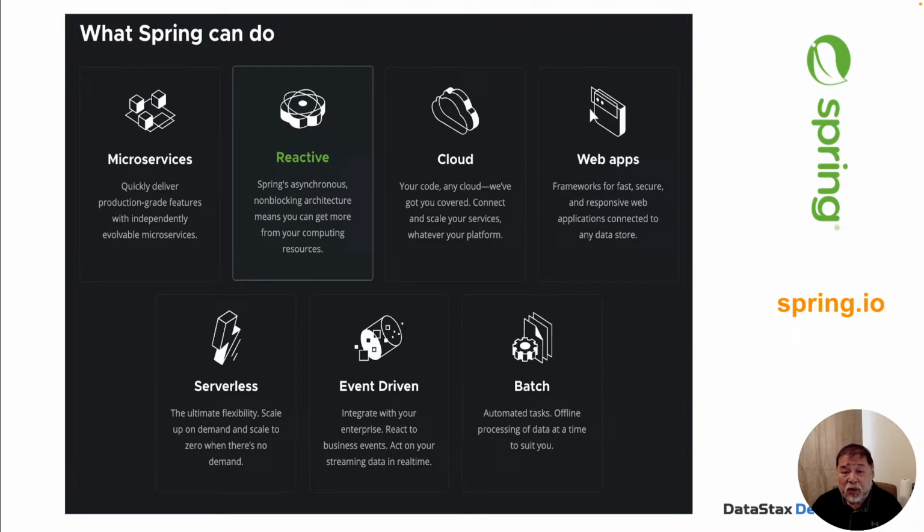There are a lot of pieces to Spring. We'll use Spring to build microservices, and that's maybe the most common use of Spring today. There's also reactive Spring, which allows us to build asynchronous services, non-blocking architecture. In Java all along, we've had a traditional blocking architecture. Java services have worked that way since the J2EE days. The idea was you had a Java server that had some fixed number of threads.